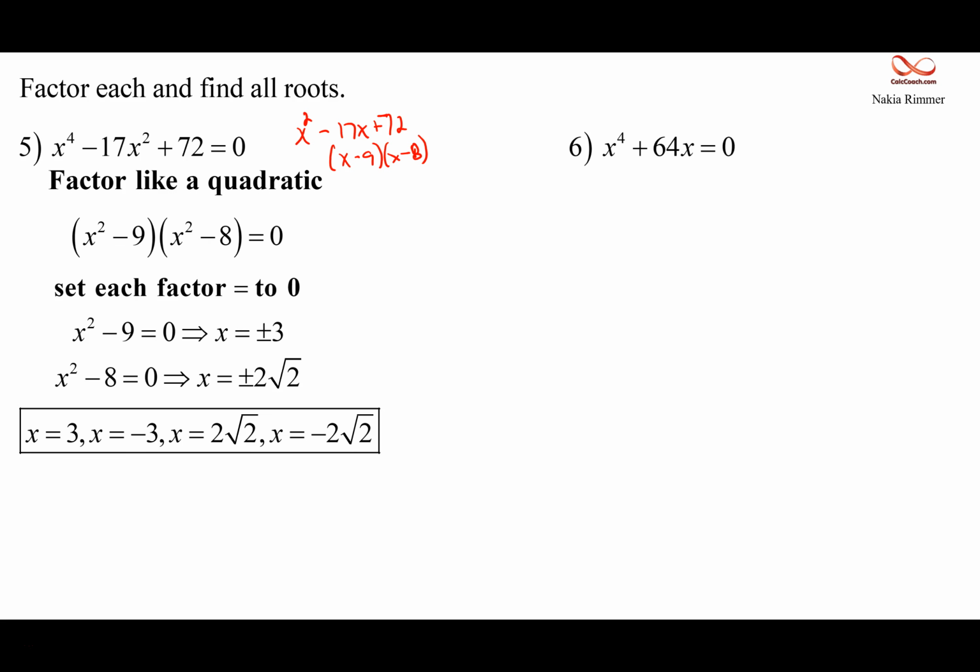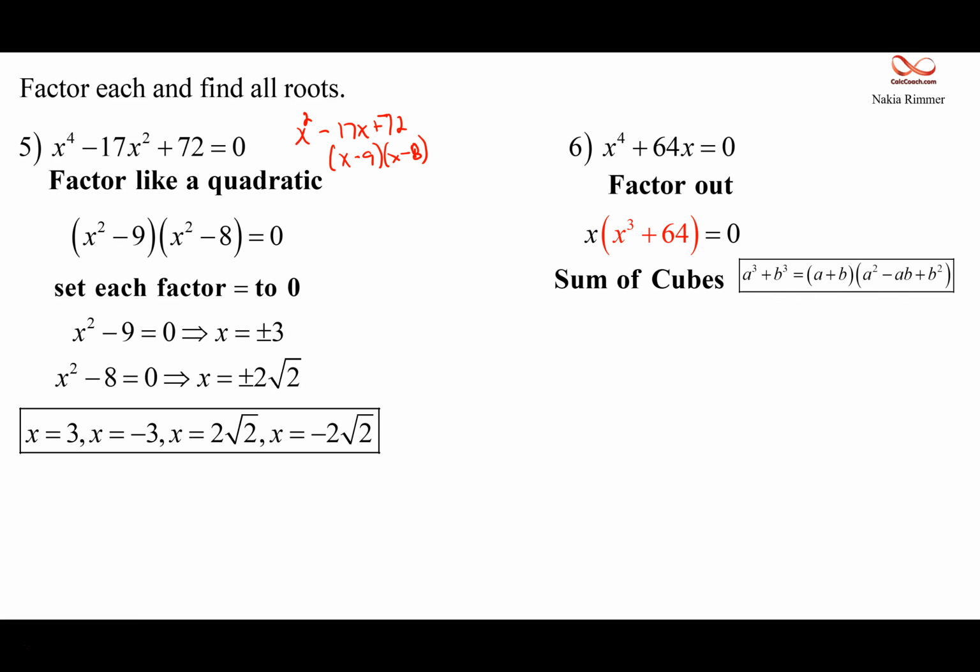Okay. Number 6. Fourth degree. You have the fourth degree and you have an x term. So take out the x. What you're left with is a cubic and a 64. That should stand out as the sum of cubes.